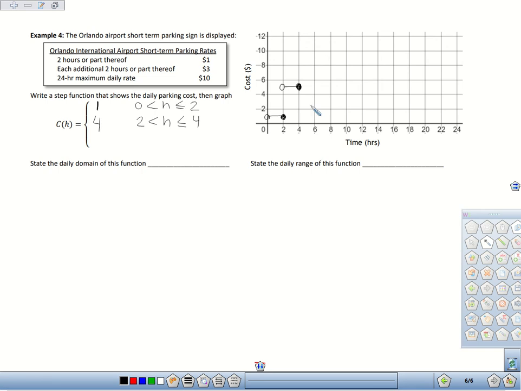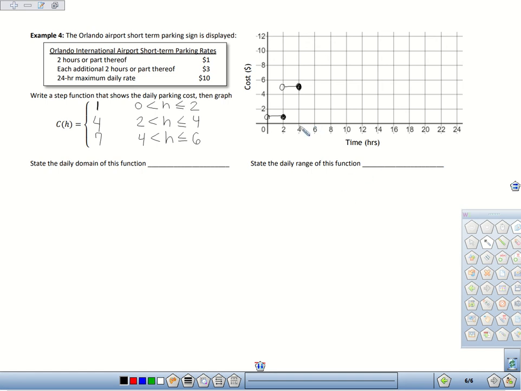Now, say you go past the 4 hours, and you're going to have to pay for another 2 hours, so up to 6 hours, right? How much are you going to pay then? It's a little confusing. 7, right? If you go into the next one, you're going to have to pay an additional $3, so that's going to put you at $7. And that's from anywhere from 4 hours to 6 hours. So if you leave by 6 hours, you don't have to pay more.